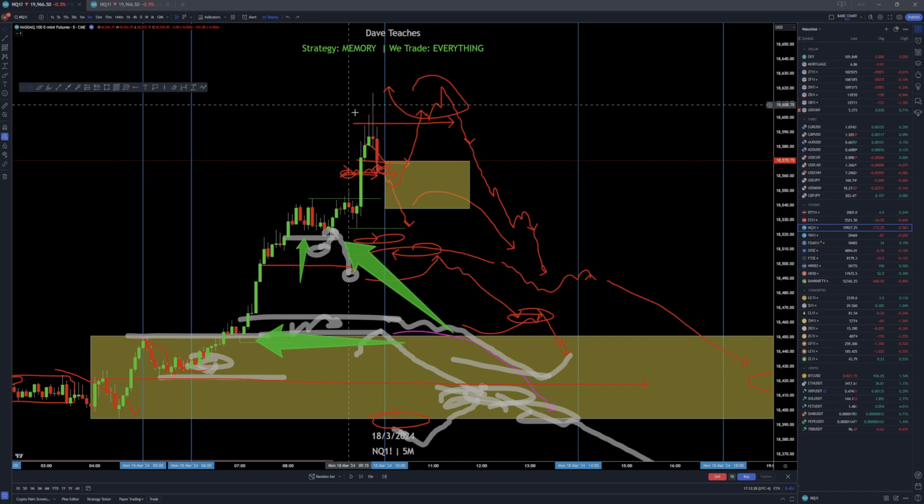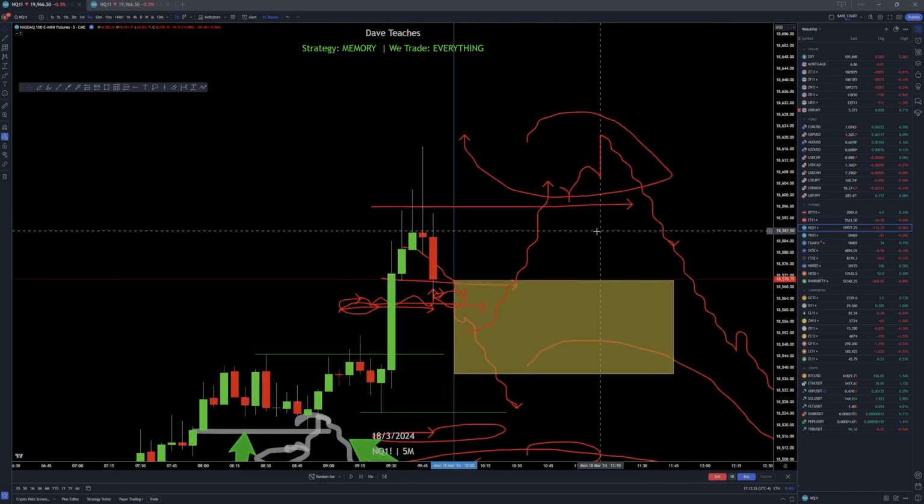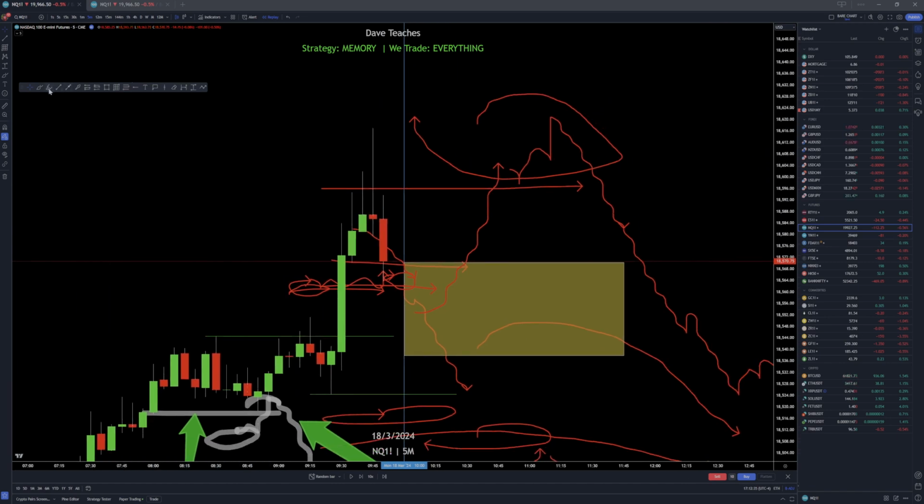Most people are only on this. They see price drop into this imbalance, and they're taking a quick scalp like that during market open. Quick scalp like that, or maybe chasing a low and taking a couple points there into that imbalance and cutting.